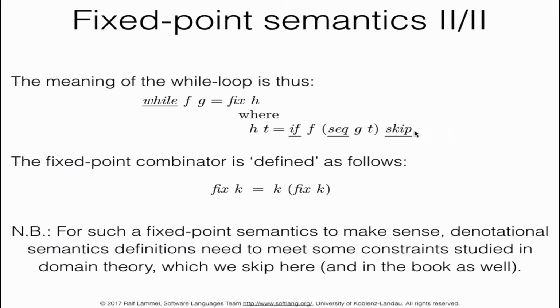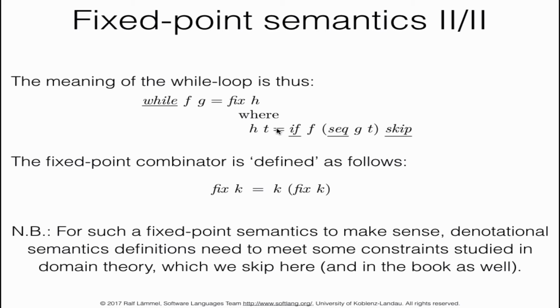Now, for this to be sound in a mathematical sense, we would need to make certain assumptions about semantic domains and the semantic combinators. We would need to meet constraints explained in detail by domain theory.